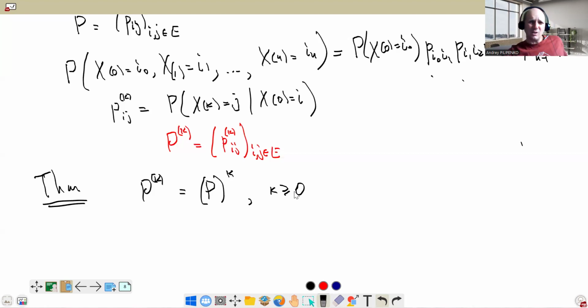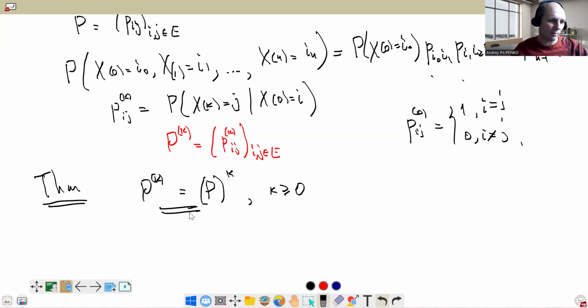If k is 0, then this is the identity matrix. By definition, p^0_ij is 1 if i is j. If you make 0 steps and you start from i, then 100% you will be in i, and 0 otherwise. So please remember this formula.